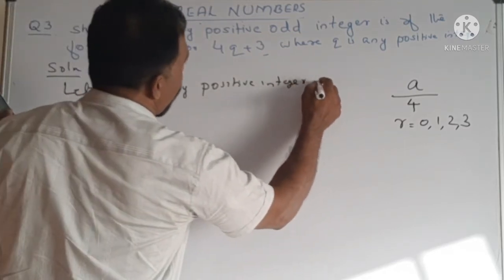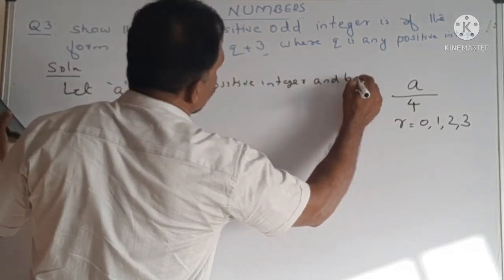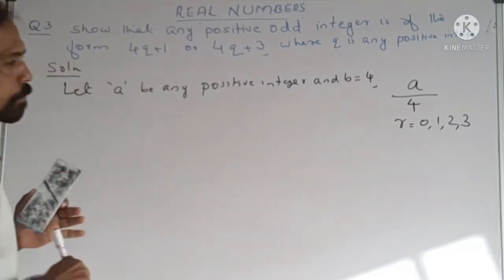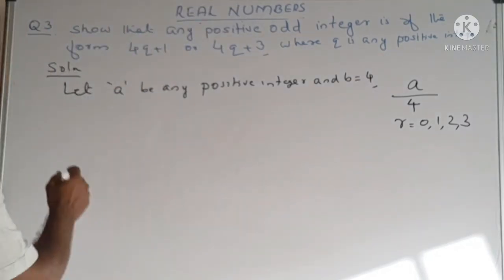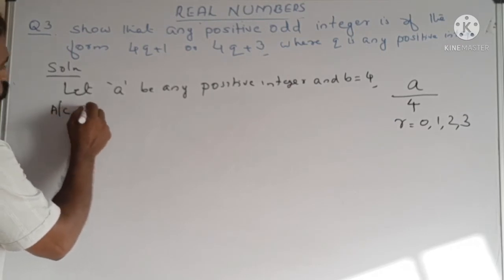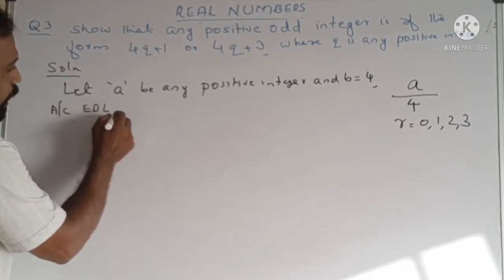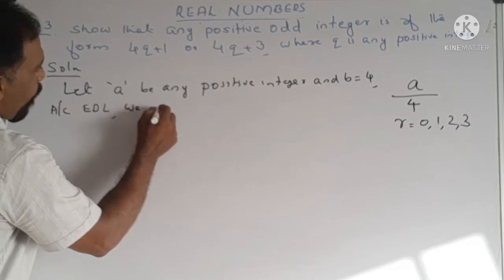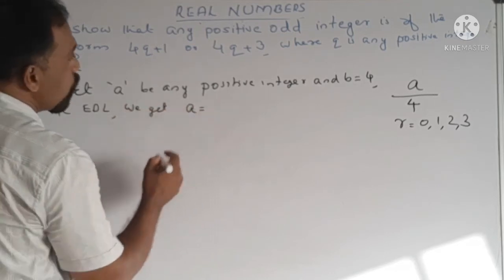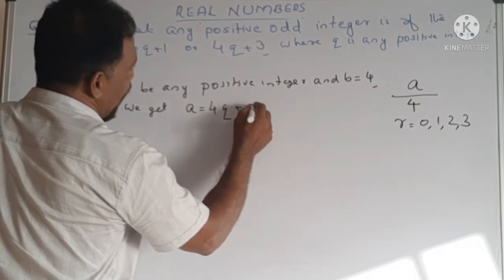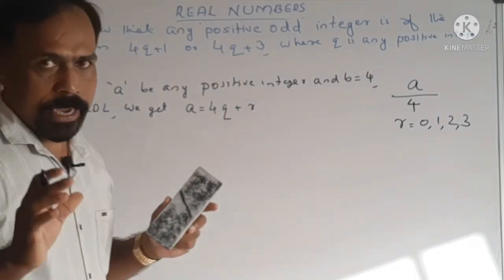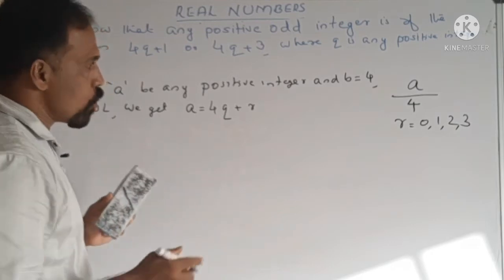And b is equal to 4. So according to Euclid's division lemma, we get a is equal to 4q plus r. Here the r will take 4 values.